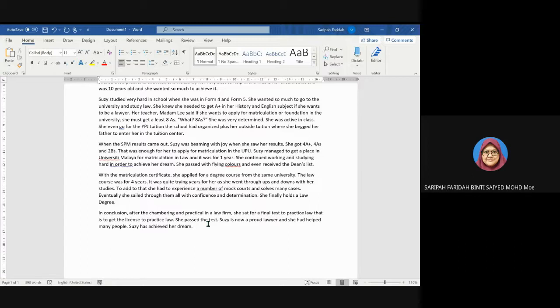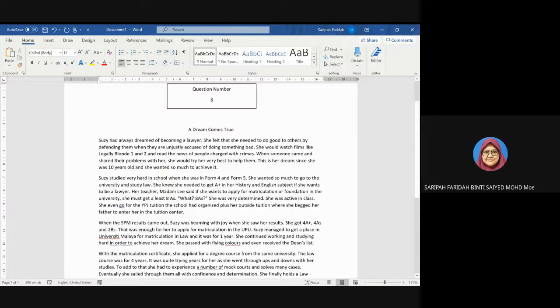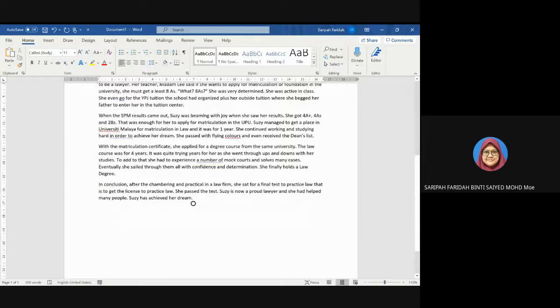That is to get the license to practice law. She passed the test. Susie is now a proud lawyer and she has helped many people. Susie has achieved her dream. That is question number 3.